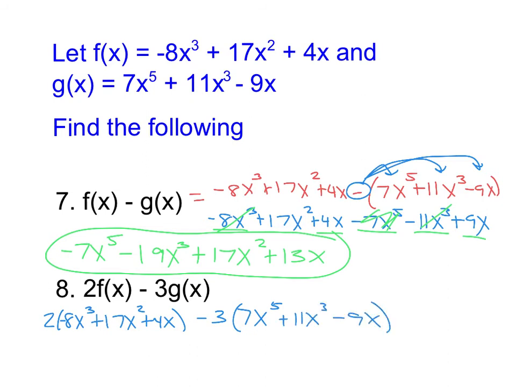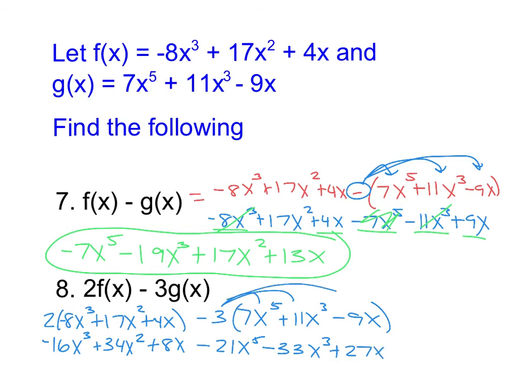So we're going to distribute both of them this time and then combine like terms. So negative 16x cubed, 34x squared, and 8x, minus 21x to the 5th, minus 33x cubed, plus 27x.